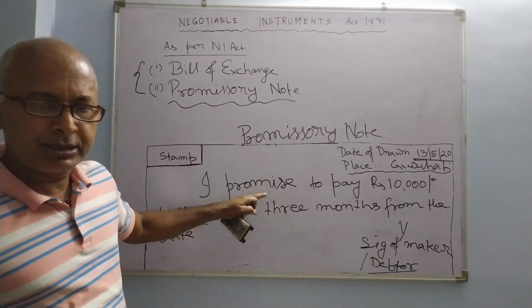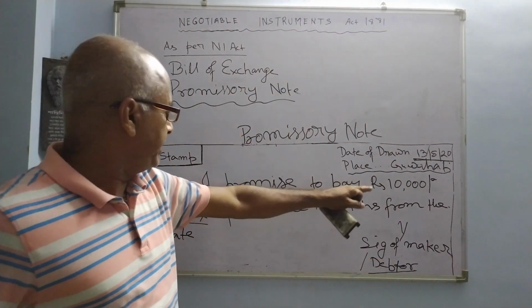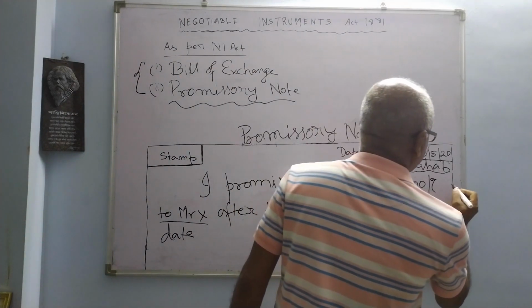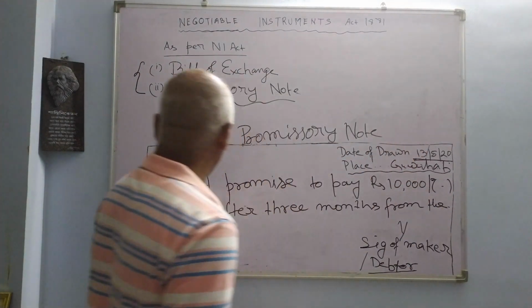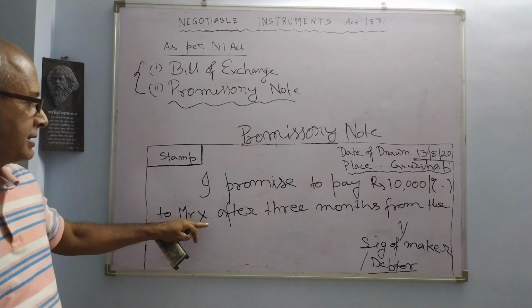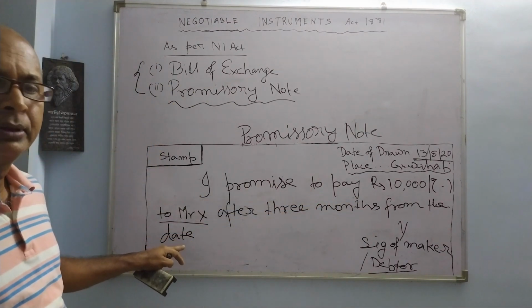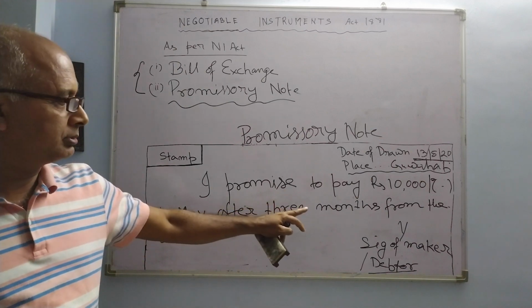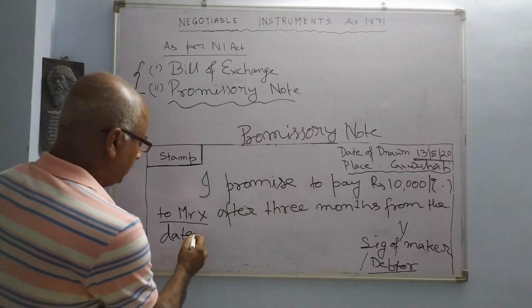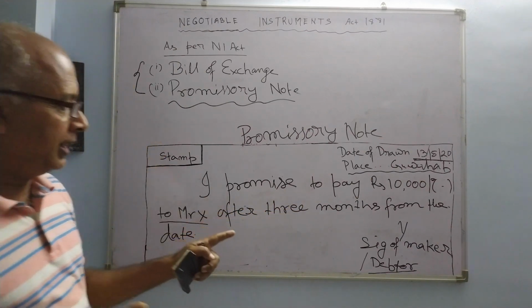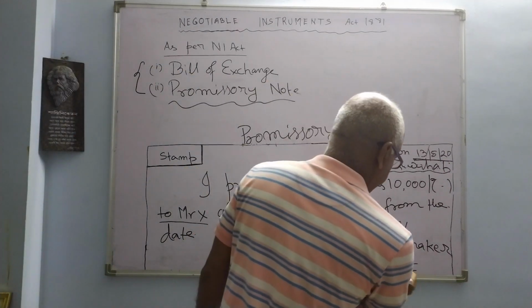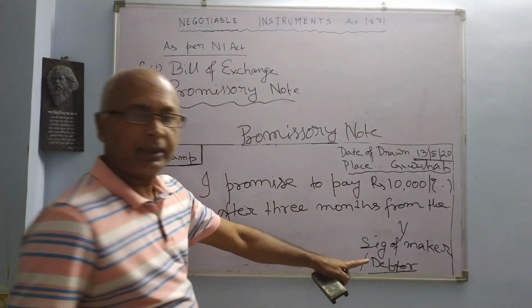Then, I promise to pay rupees 10,000, you have to put it in words also, to Mr. X after 3 months from the date. Normally this is the style of the language, and it is written by the debtor, not by the creditor.